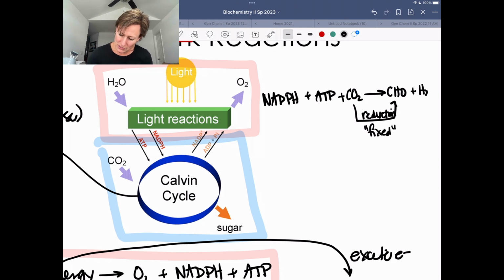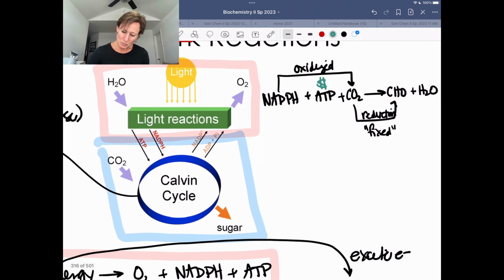And then we also are going to get water. NADPH is oxidized, and it gives its electrons to CO2. We're going to need some money for this process, so we get that from ATP.